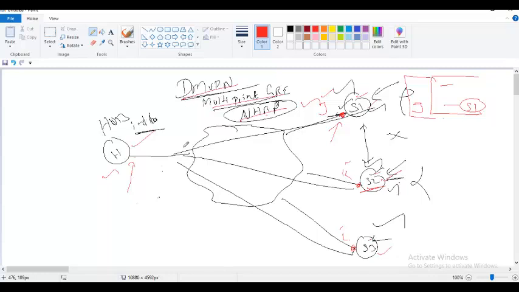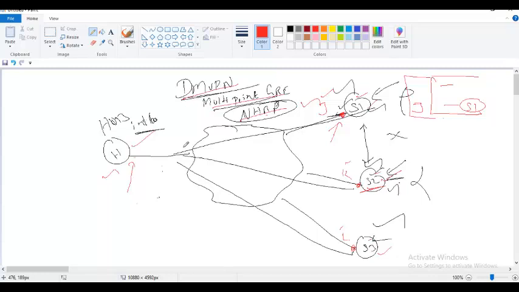Not only this, with the help of DMVPN, you can now have tunnel between spokes for which you no need to do any configuration. Spokes will know about the other spokes from hub. How hub knows? Every spoke will go and register with the hub. So hub knows who is where.